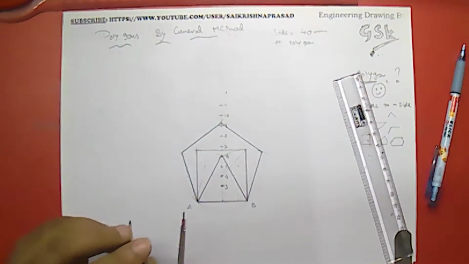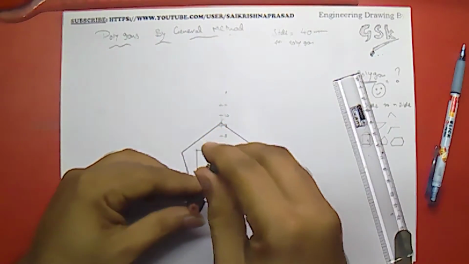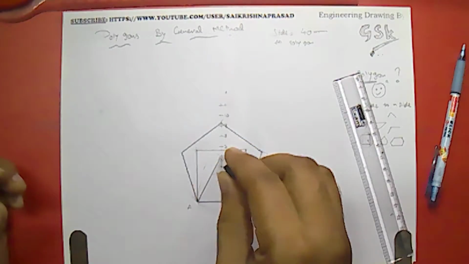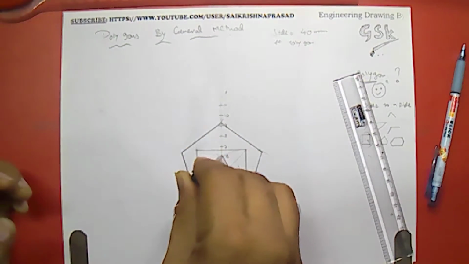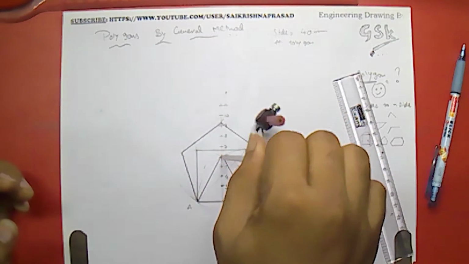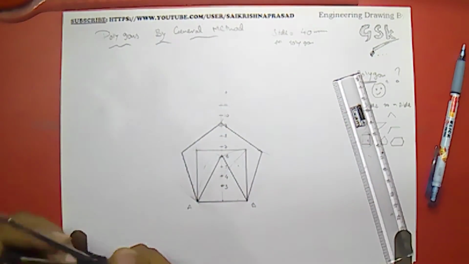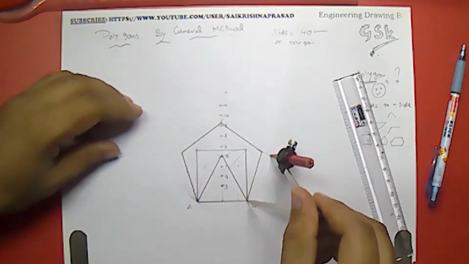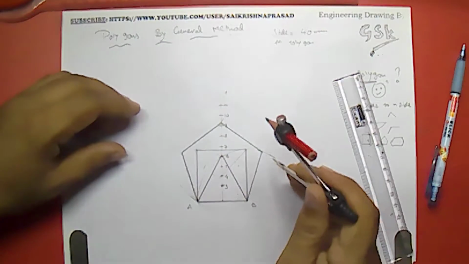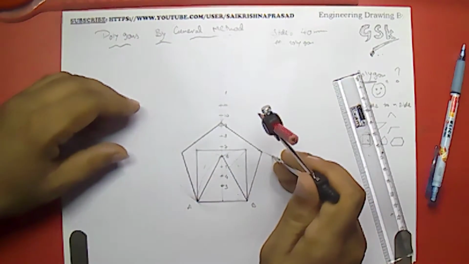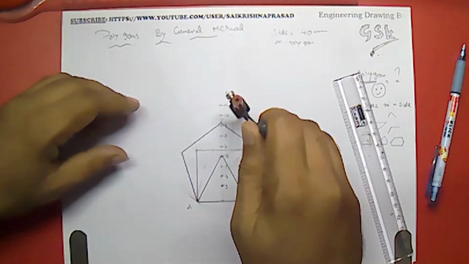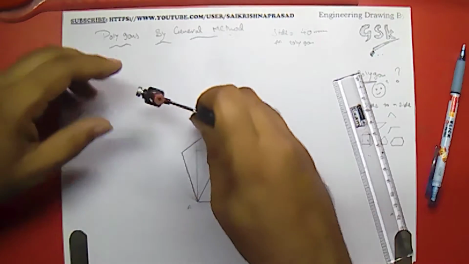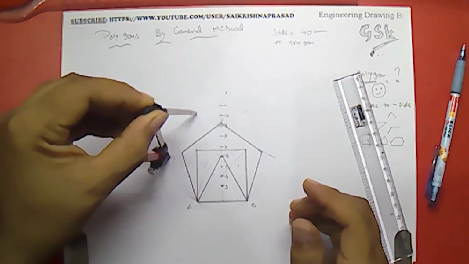Now in a similar manner, just go for 6. Measure AB, 6A would be equal to 6B, draw a circle. Take AB, arc, arc, arc, from here again an arc.